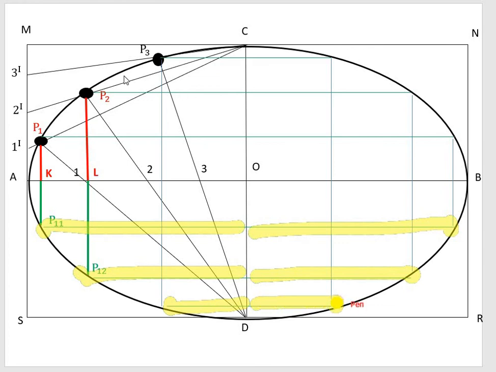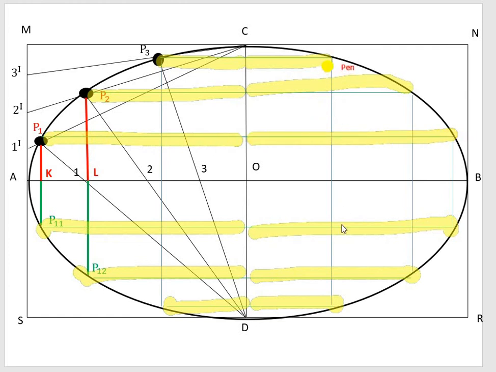From here one line, and again the same length. In this way, you drop all these lines and mark the intersecting points.